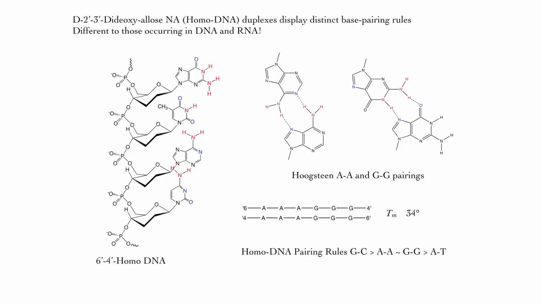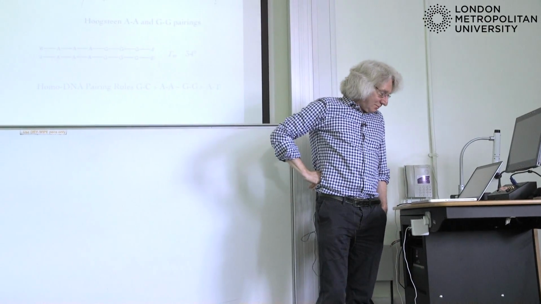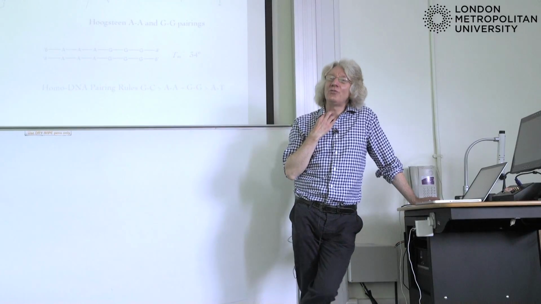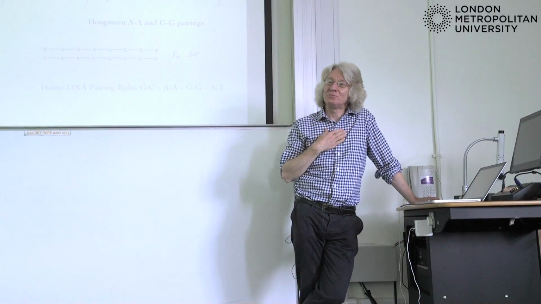And the pairing rules, while GC is still the strongest, it's followed by AA and GG. Both of these are stronger than the naturally occurring AT. So by changing these hexose sugars, you see some interesting effects on the pairing rules.